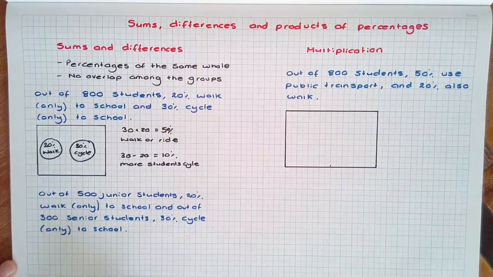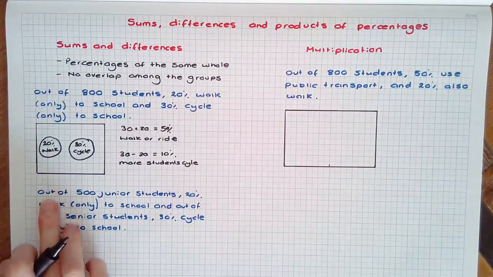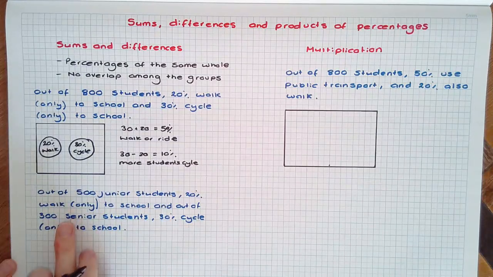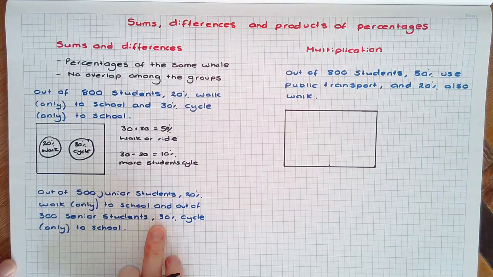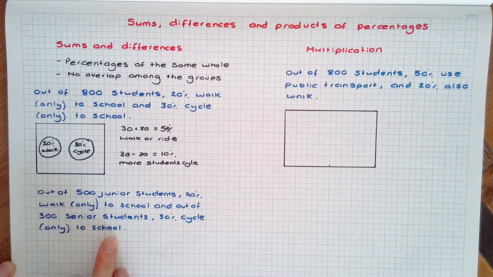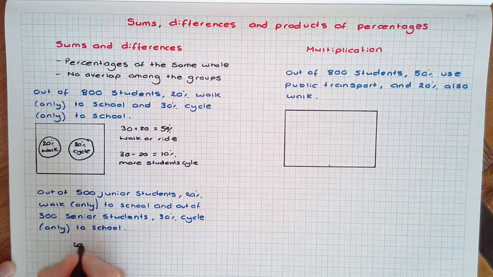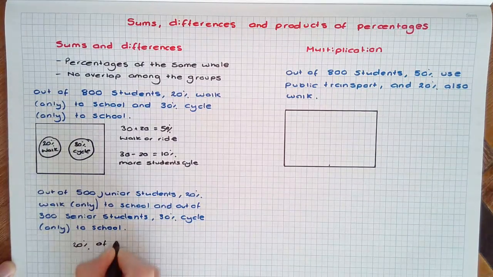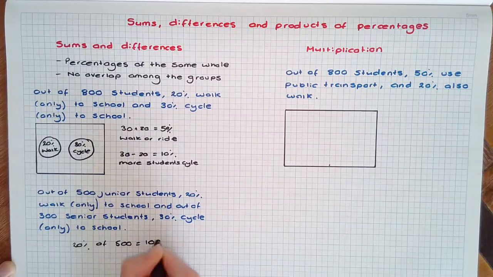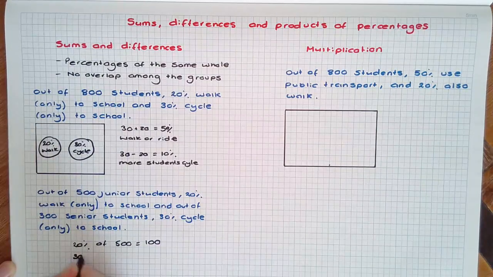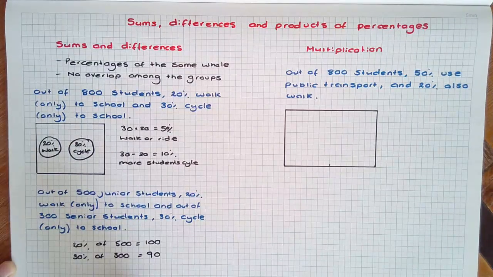For example, if this question was worded, out of 500 junior students, 20% walk only to school, and out of 300 senior students, 30% cycle only to school. This is not the same as saying 50% of all students, and we can see this doing some calculations. 20% of the junior students would be 100 students, and 30% of the senior students would be 90 students.